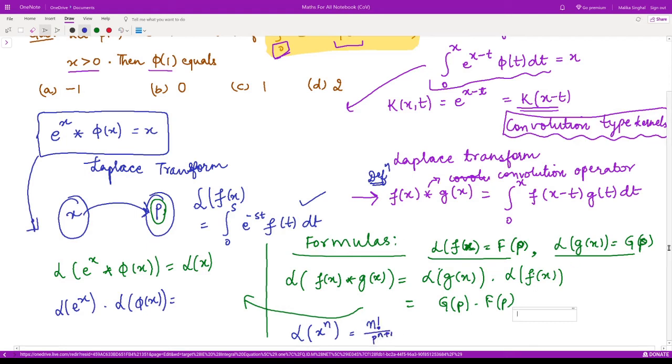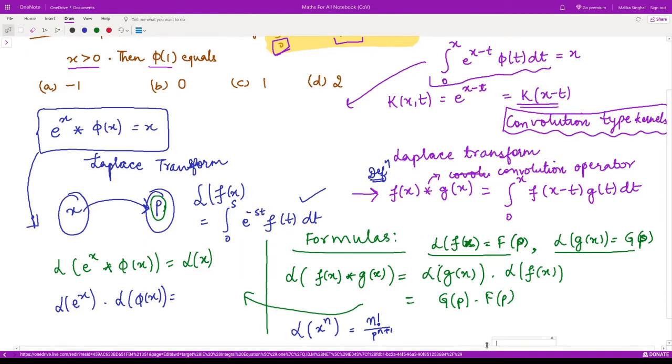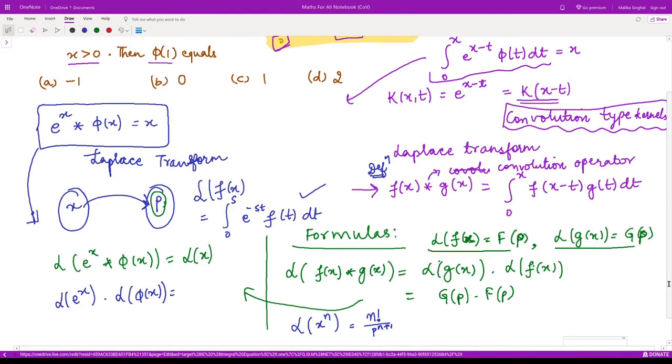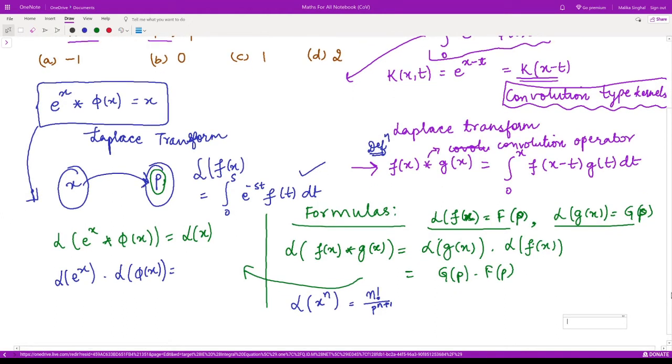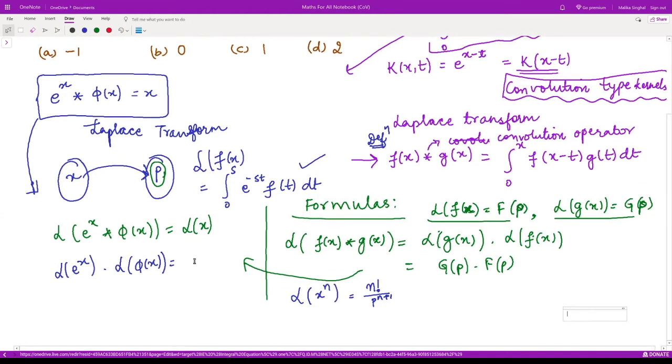So here in our question, we have x to the power 1, so our formula becomes 1 factorial, that would be 1, divided by p to the power 1 plus 1, so that would be p square.